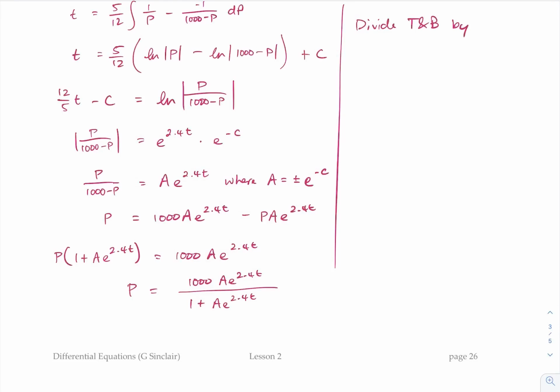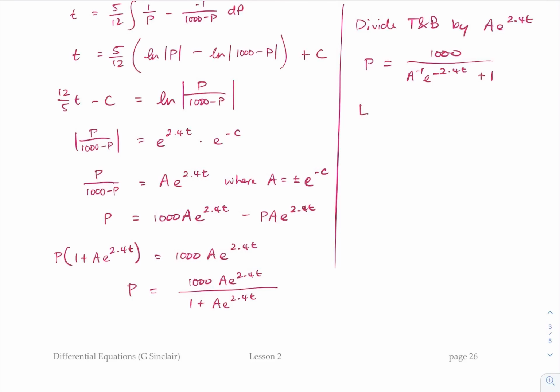Bottom by AT. Okay, this is where the negative comes in.